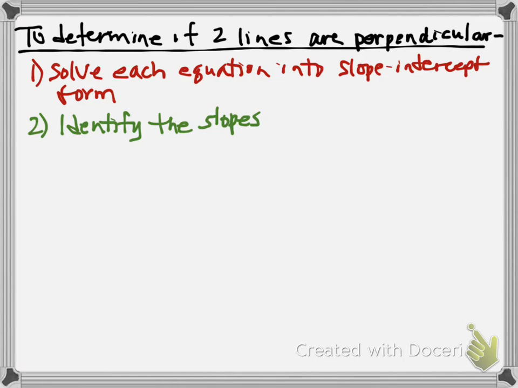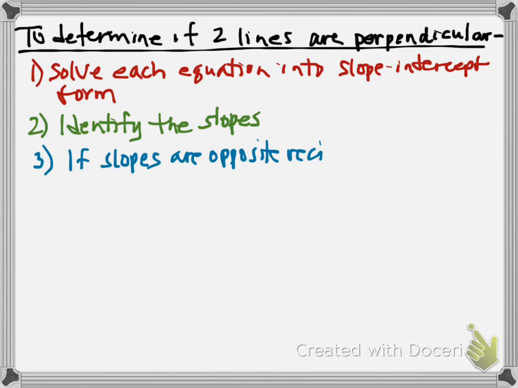And then you actually have two ways to test. If slopes are negative or opposite reciprocals, see, I'm still coming out with the old words, the lines are perpendicular.